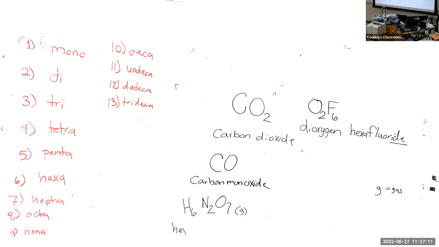Now for oxygen, you'll notice we keep the di. Anytime you have an I, you keep it, but if there's an A or an O, you drop it. So then it would be just monoxide.